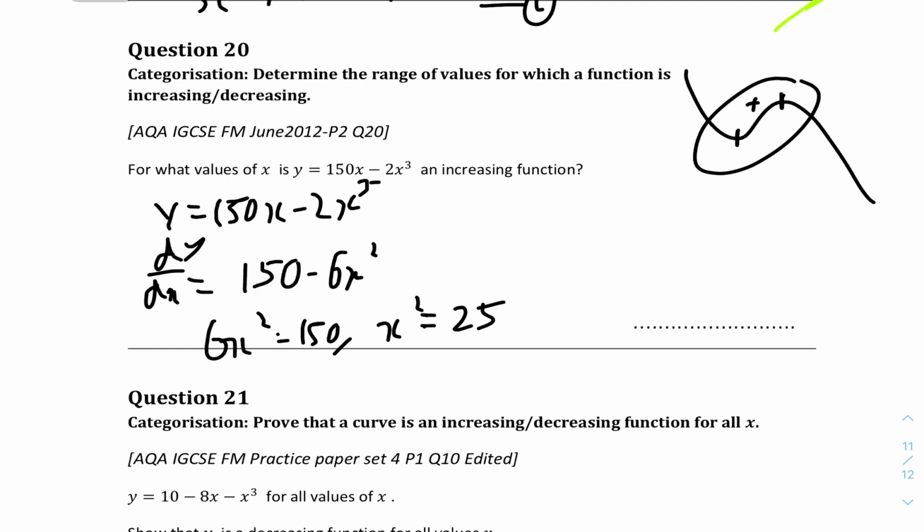Square root both sides, so x equals plus or minus 5. So we know that this must be minus 5 and this must be 5. So between x equals minus 5 and x equals 5, the function is increasing because the gradient is positive. So therefore the answer is just simply minus 5 is smaller than x, which is smaller than 5, like so.